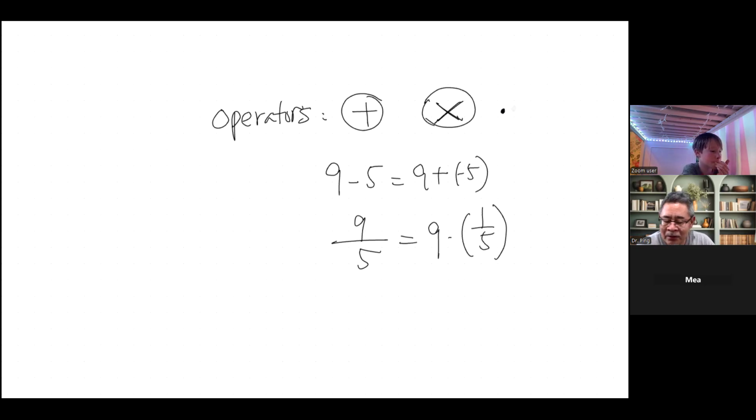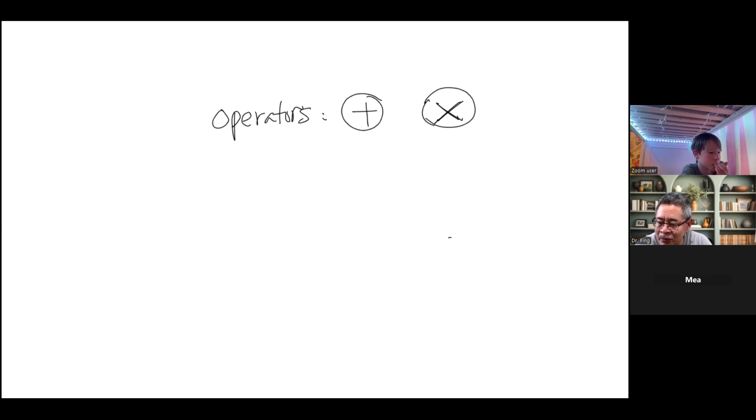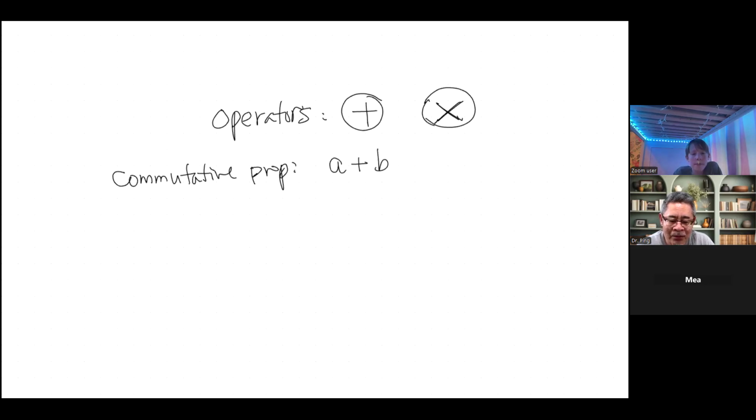The first two rules are called the commutative property, which means that if you have two numbers, the order does not matter. You can do A plus B or B plus A. So for example, 4 plus 5 is the same as 5 plus 4.